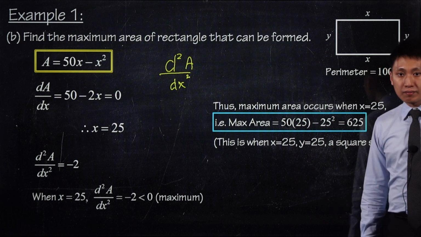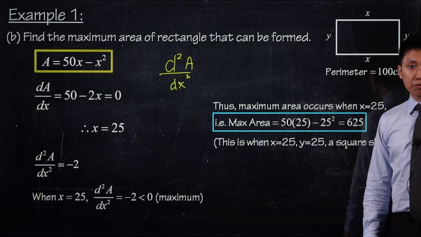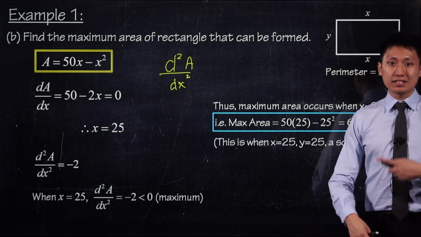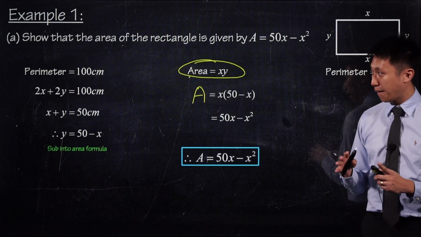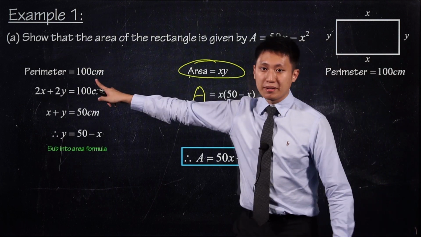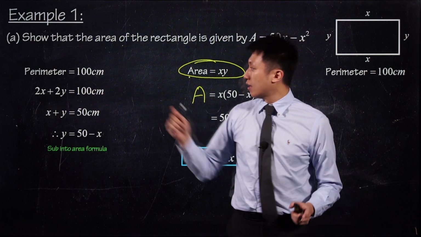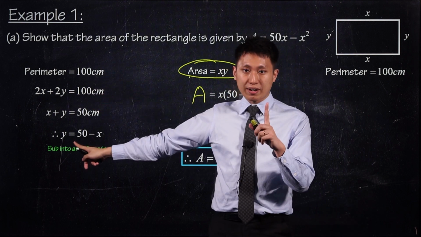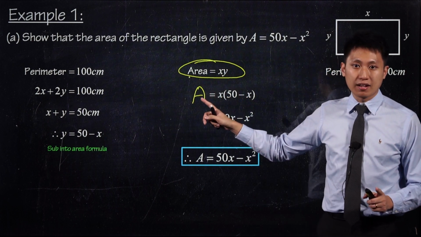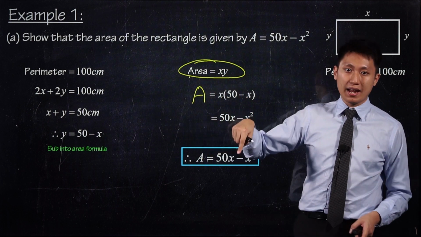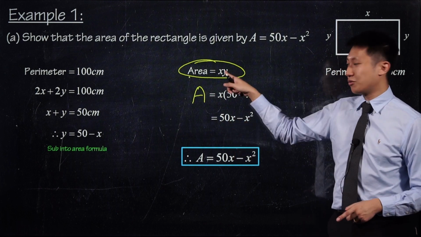Do you have any problem here? Let me go back to the previous slide and come back to this slide to show you what's happening. Given the perimeter restriction, put it into one variable, one side, and substitute into the maximizing function. If you want to maximize area, substitute into that area; for volume, substitute into that volume.